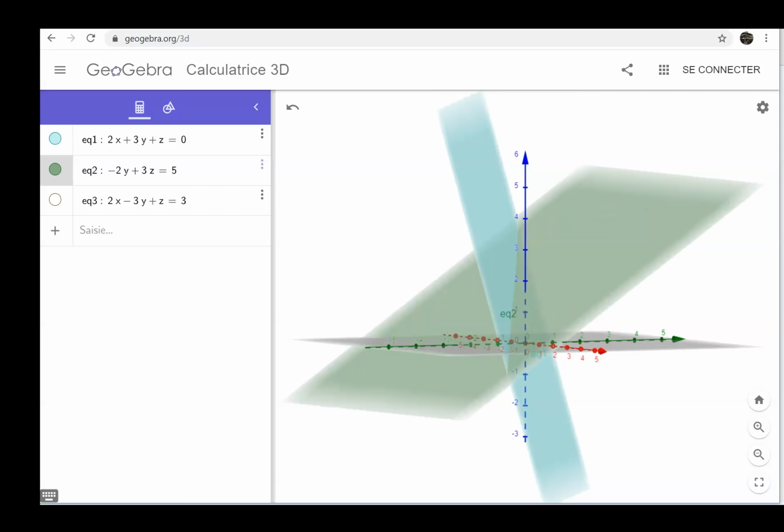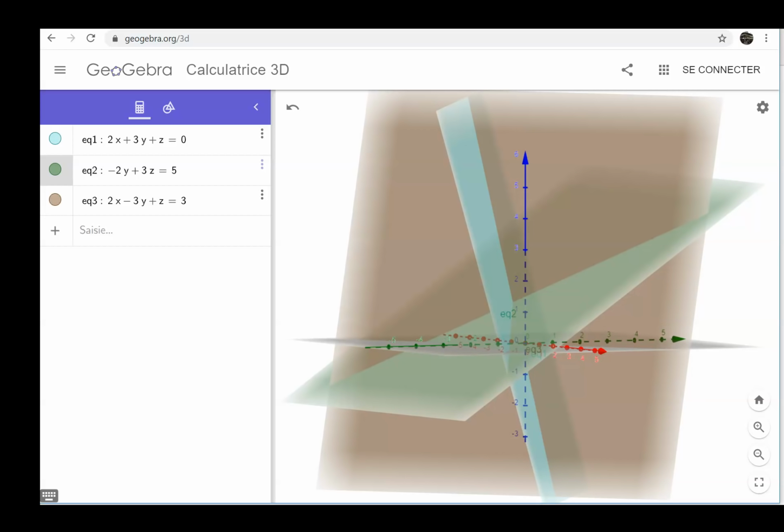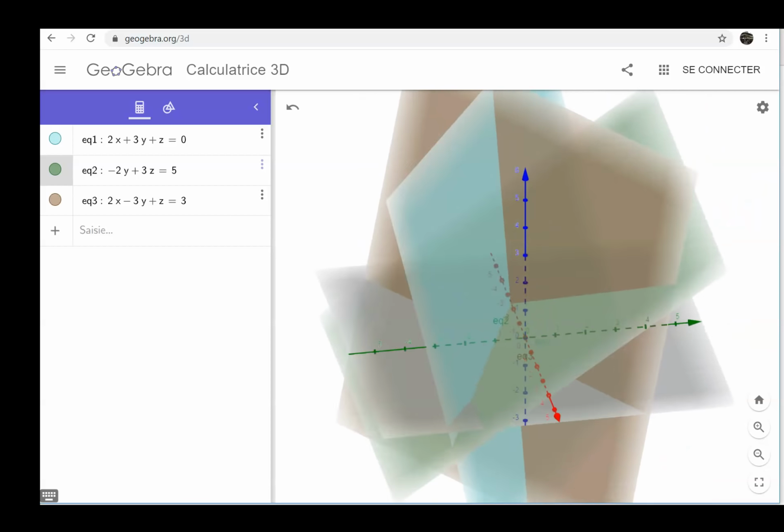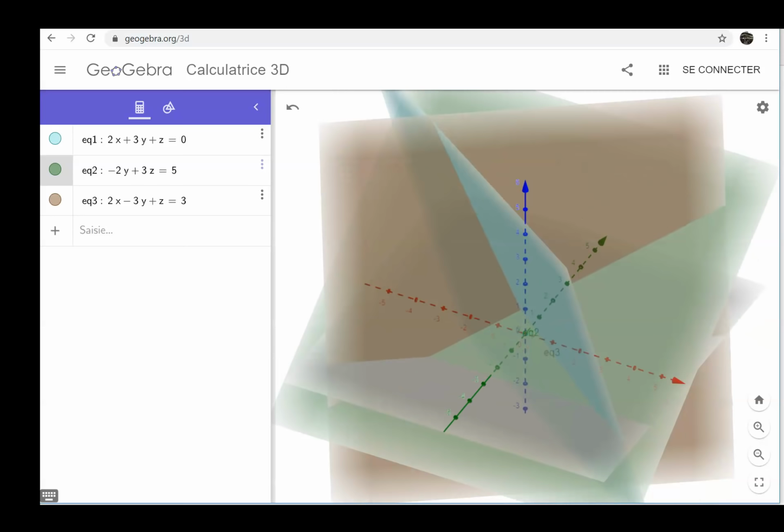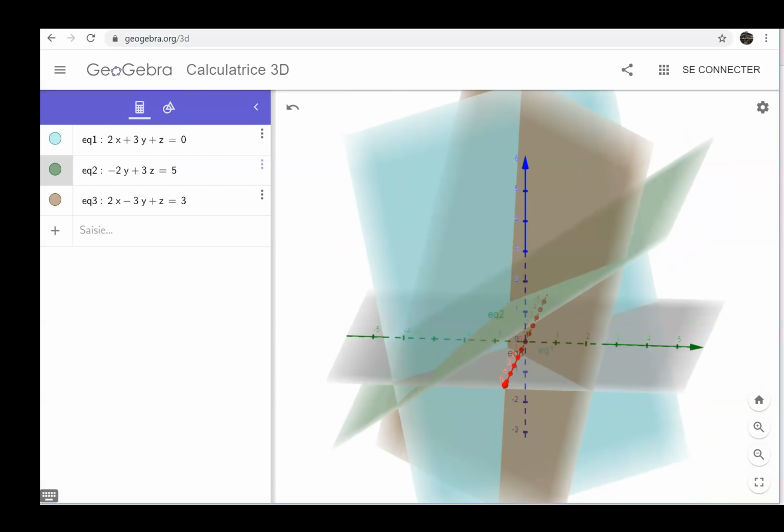So you know that, unless they are parallel, two planes are going to intersect in a line. The common line to the first two planes, let's call them P1 and P2. And then if I add another plane, represented by this reddish surface, it's going to intersect the first plane in a line.